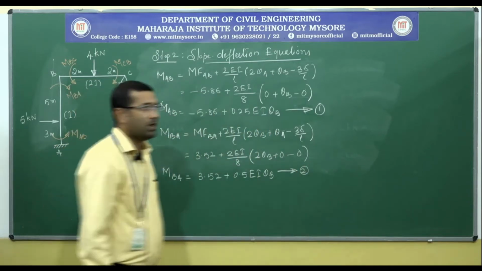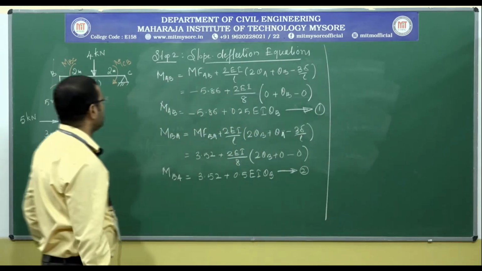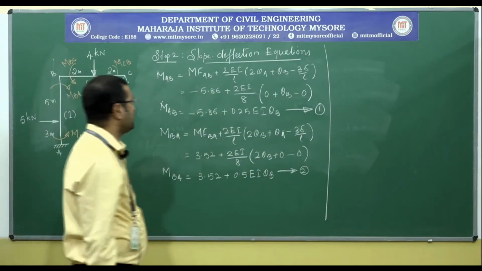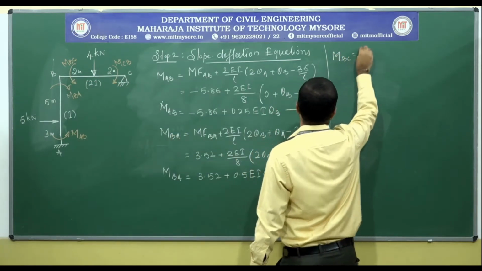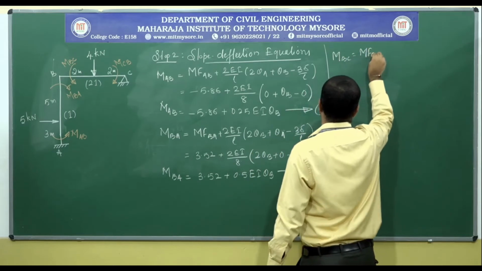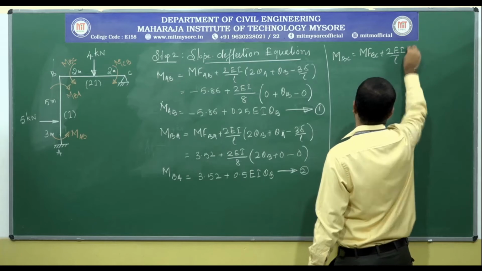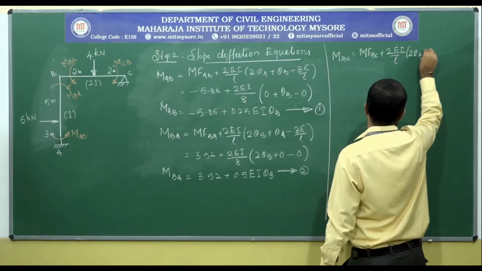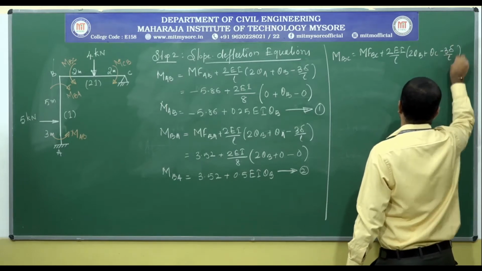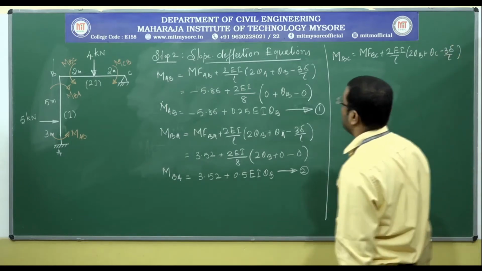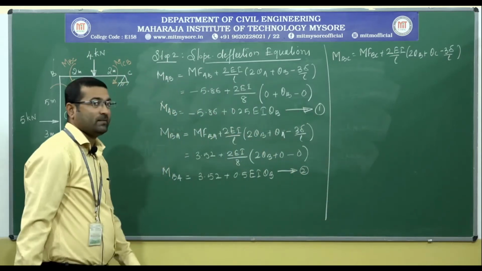Now we have to write two more equations for the span BC. That is MBC is equal to MFBC plus 2EI by L into 2 theta B plus theta C minus 3 delta by L. So this is the slope deflection equation for the end B, that is for MBC.